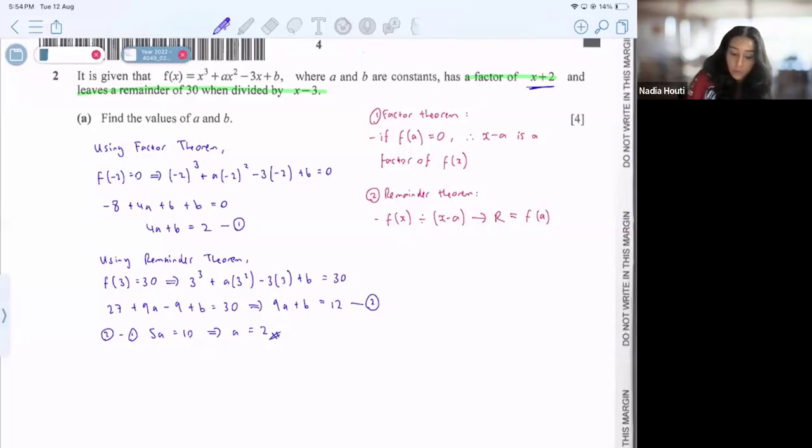I'm going to substitute it into equation number 1. So b is equal to negative 6. And those are your two answers for a and b.